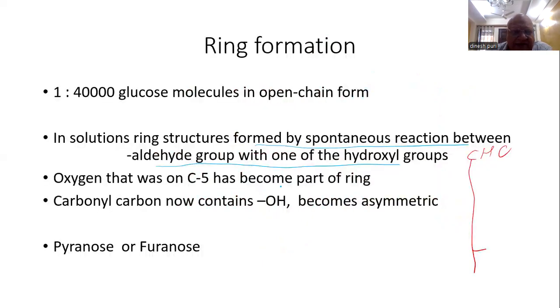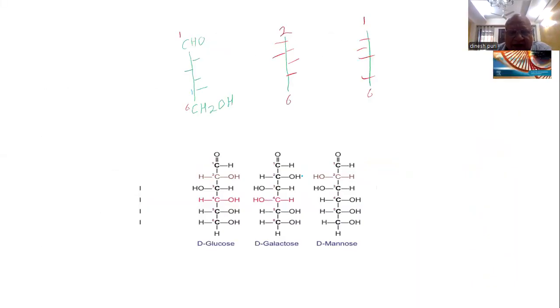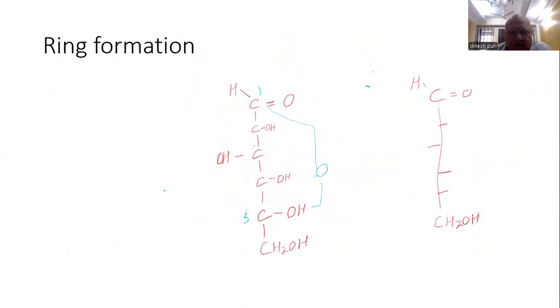And as you can see, the oxygen that was on C5 has become part of the ring, and here at C1 an OH group is formed. So now a six-membered ring is formed.